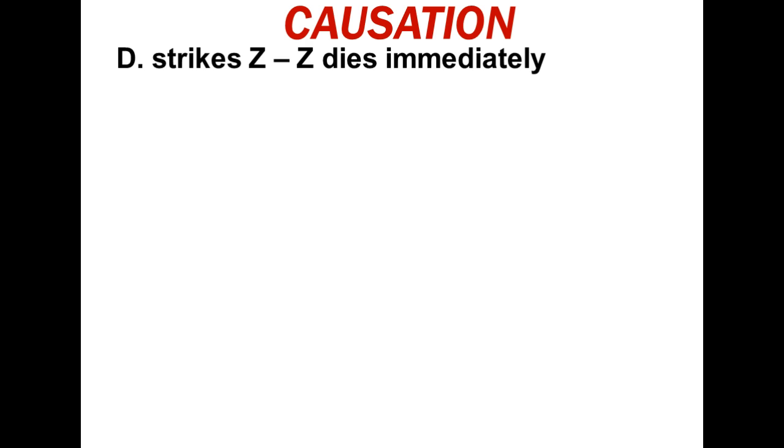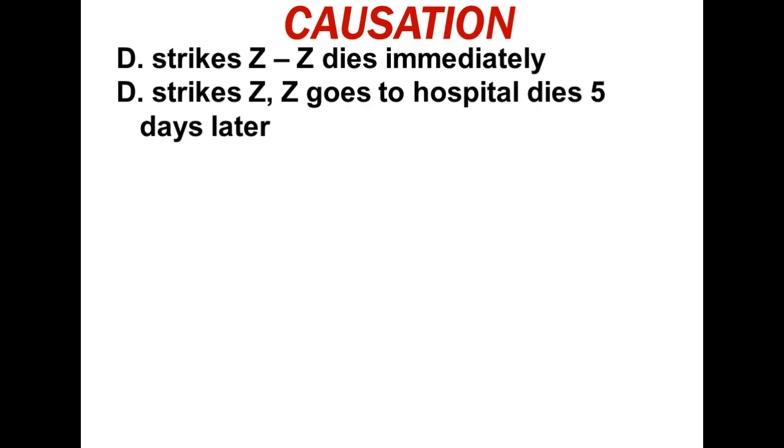But for D striking Z, and then Z dies immediately, clearly this meets the but-for test. Z is struck, goes to the hospital and dies 5 days later. Again, if Z dies from the wounds that D inflicted, but for D striking Z, Z would not have died.